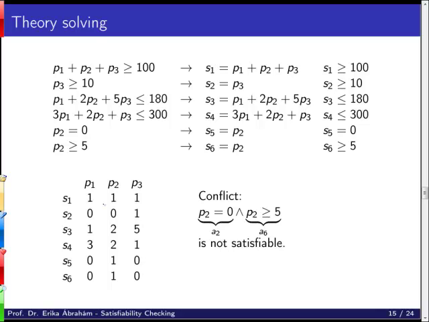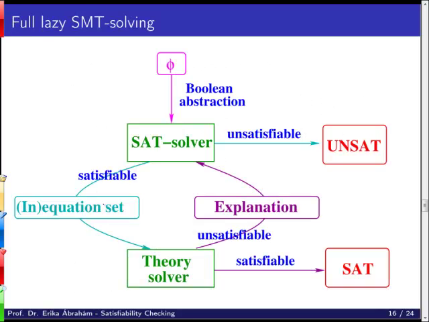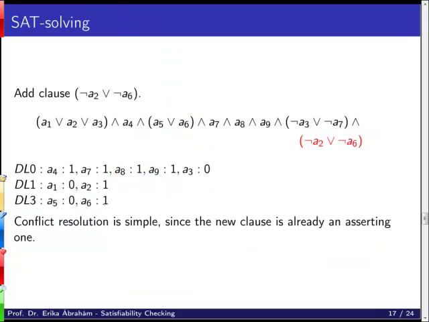It checks again. So this is for the check we will look at later. Important now that it is again not satisfiable, and we get again a subset of the constraints, namely in this case P2 equals 0 and P2 larger equals 5 are not satisfiable together. So we again go back with this explanation and refine the abstraction by adding a new clause.